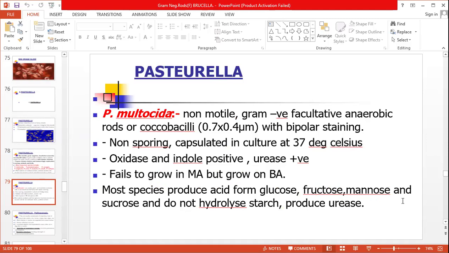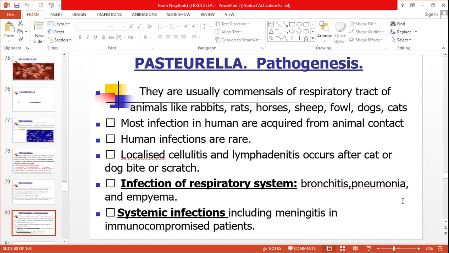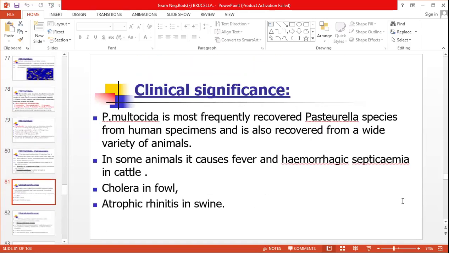Multocida is a non-motile gram-negative anaerobe, rod or bacilli, non-spore forming, encapsulated in culture, oxidase and indole positive. It causes infections of the respiratory system. It also causes systemic infection, including meningitis in immunocompromised patients.